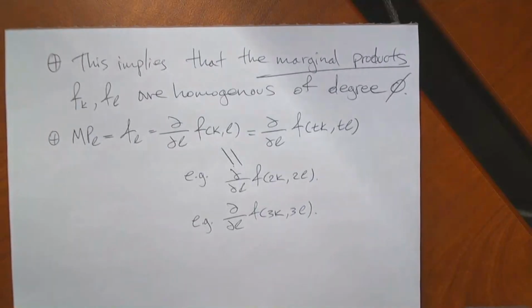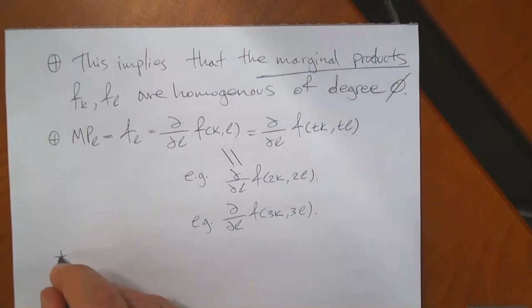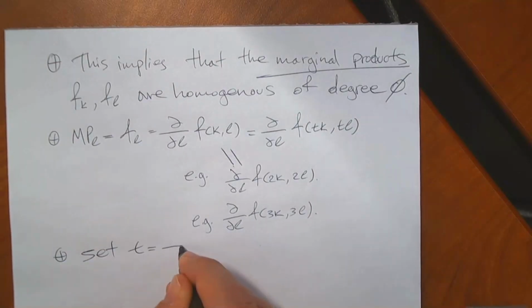This is important for a very specific reason. So we're going to piggyback on this one and set, let's say, t equal to 1 over L. As I said, this applies to all cases. These properties of homogeneous functions apply to all cases of t being greater than 0. So why don't we set t equal to 1 over L so that we can see what happens.